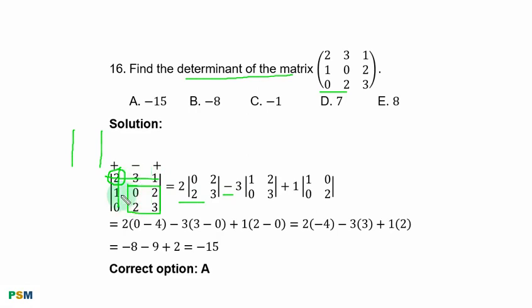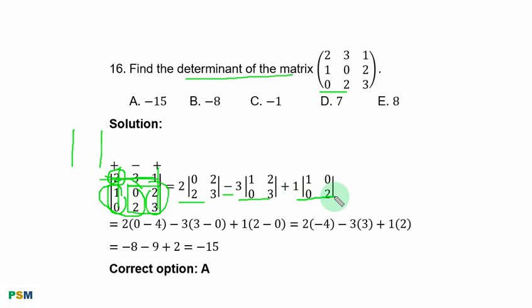You are left with 1, 0, 2, 3 in this form. Then the third element in the first row, the sign is plus. You cover first row, third column. You are left with this 2 by 2 minor matrix in this form.